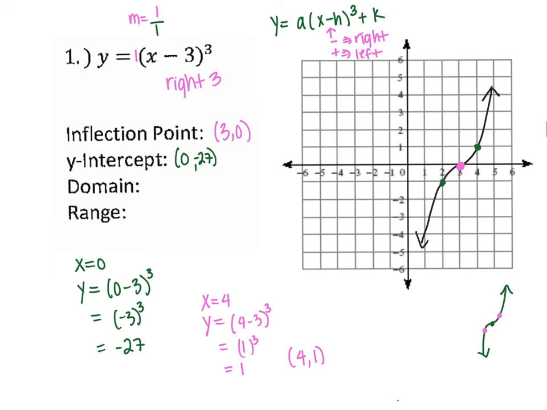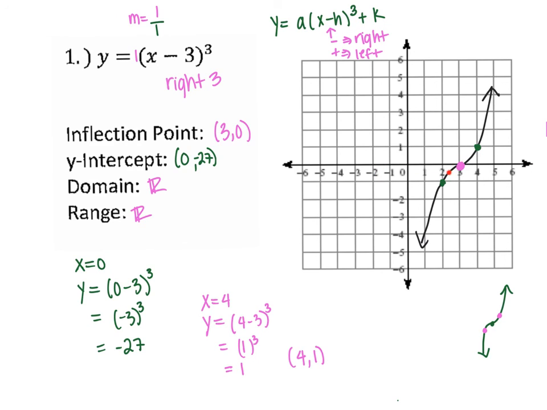Now, domain and range, if you guys remember from yesterday, the domain and range for all cubic functions is all real numbers. Why? Well, because domain is talking about the x values. How far does this cubic function go left, and how far does it go right?